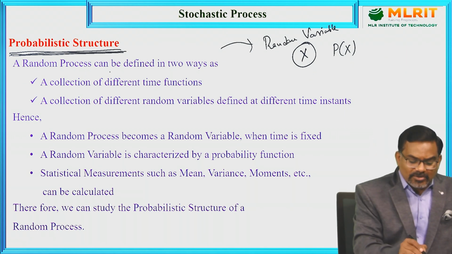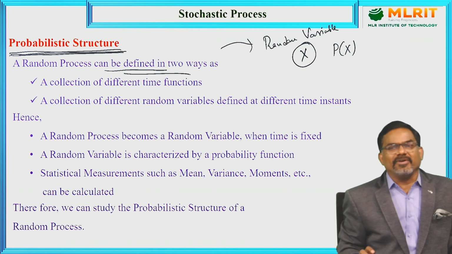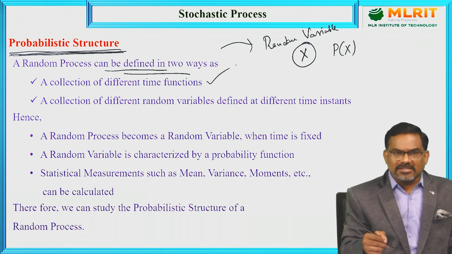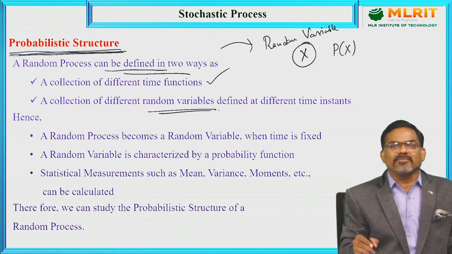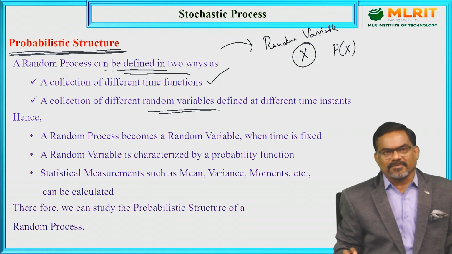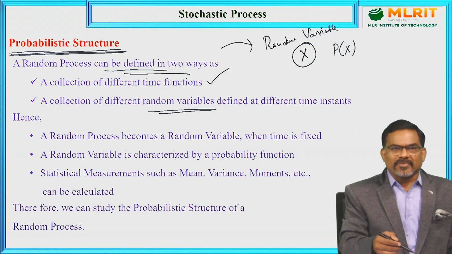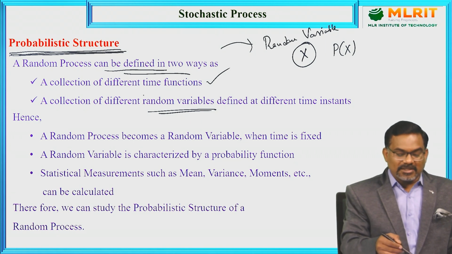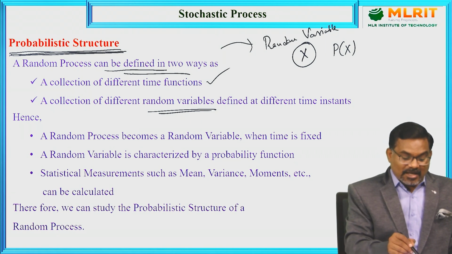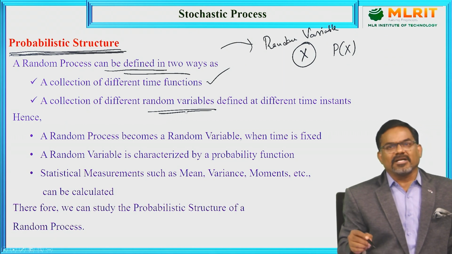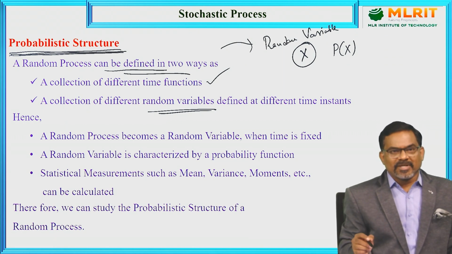A random process can be defined in two different ways: a collection of different time functions, or else a collection of different random variables defined at different time instants. So, a probabilistic structure can be obtained using the collection of different time functions, or else the collection of random variables that depends on time instants.